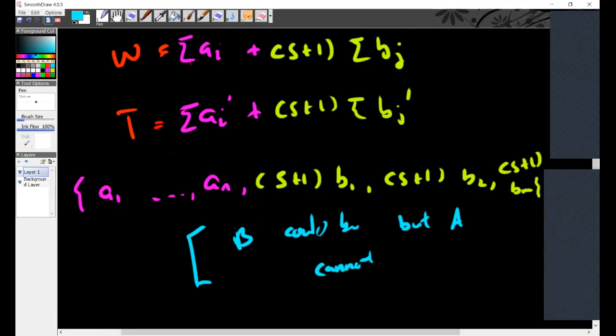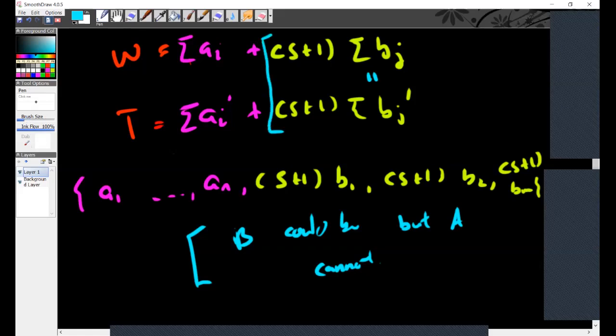Okay, let's think about it. If B could be partitioned, then the idea here is that we should make these two sets the same. At this point you might be saying, maybe B could be partitioned and we should not make these two things the same. But the same idea still holds from the previous part.